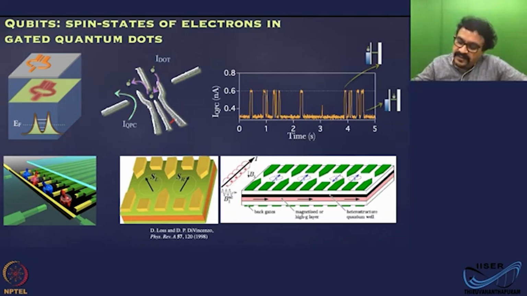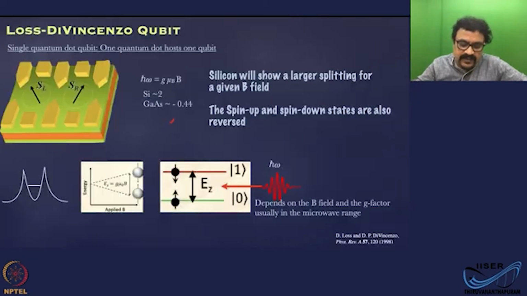Now, as I told, there are two different architectures. The first one is called the LD qubit, or Loss-DiVincenzo qubit. That is the initial proposal.